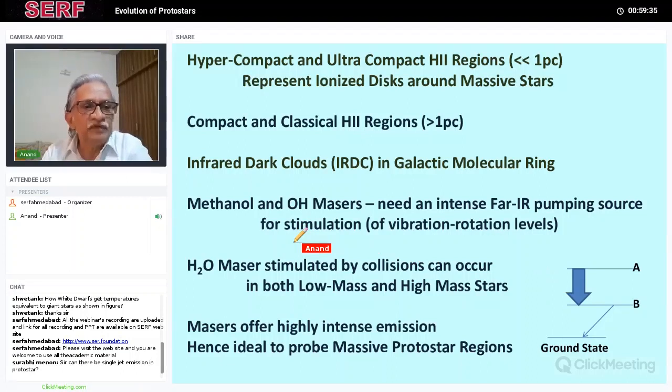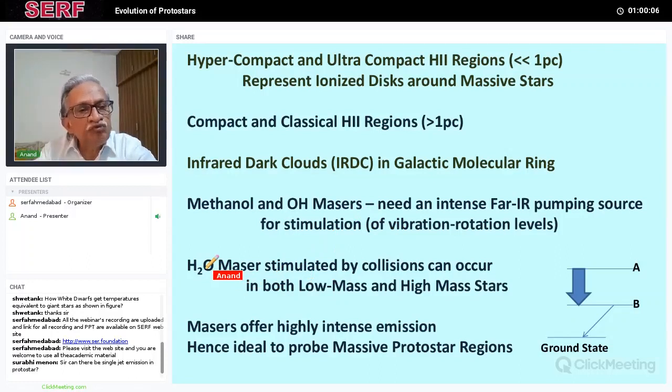Now there are two ways of doing this. Several molecules, as I have said, have been discovered doing this maser action. So one is to have a radiative masing action where the densities are not high, such as methanol and OH, which are stimulated by the intense radiative source nearby the protostar.